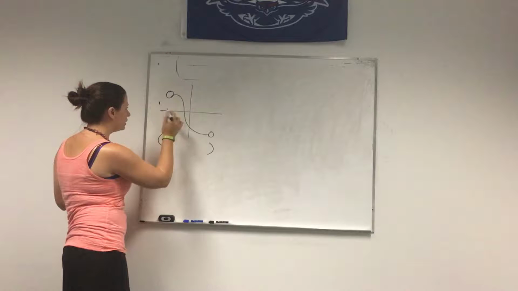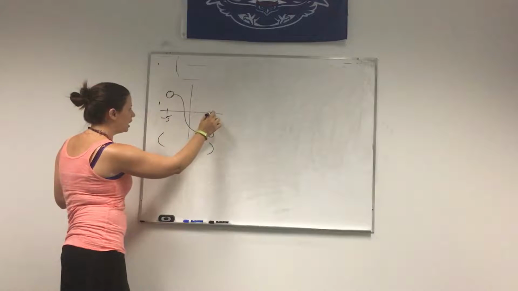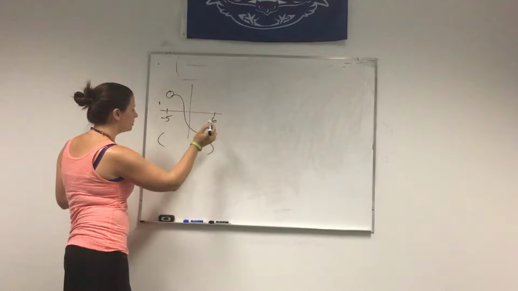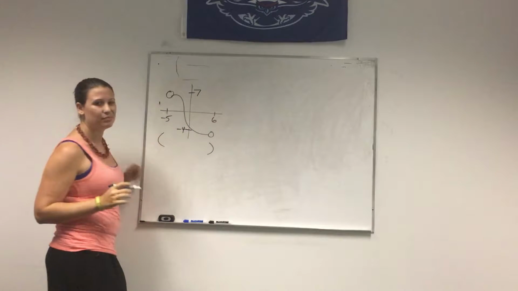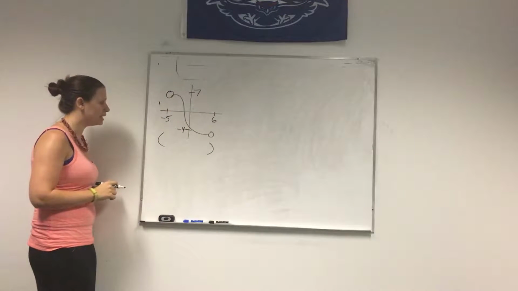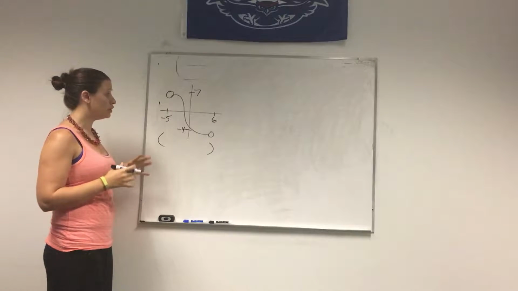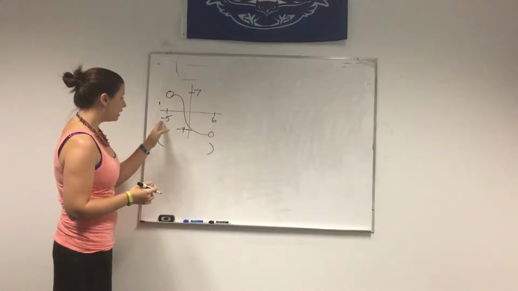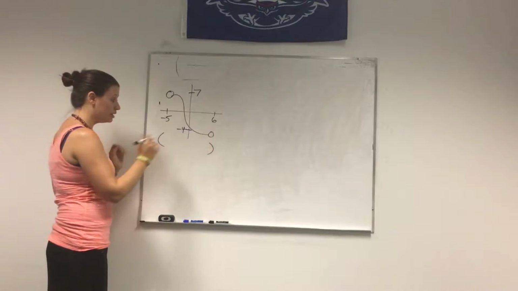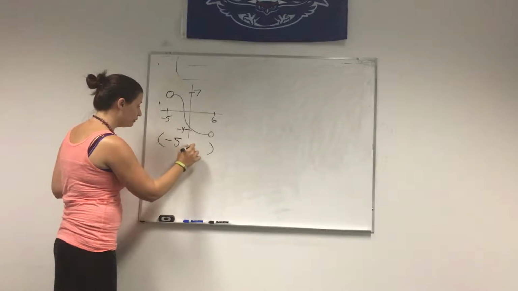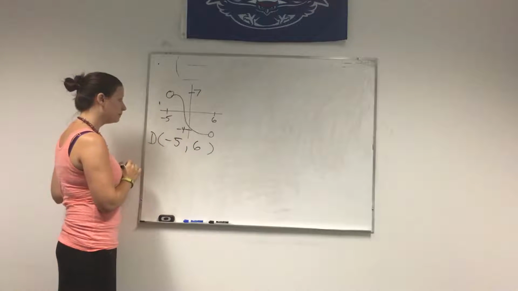Let's say this was at -5 and 6, and then down here was -4 and 7, just to put values on it so we can write it down. That means our domain would be from -5 to 6, because it's all one piece, just one set. So -5 to 6, that's our domain.